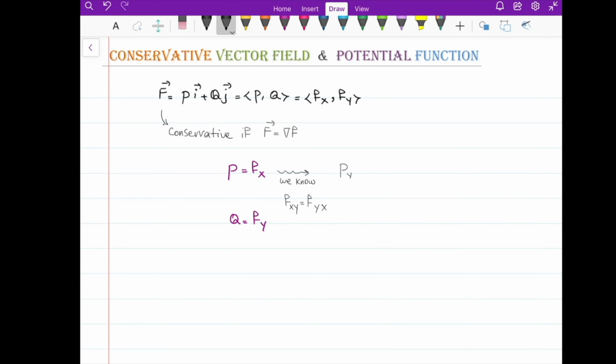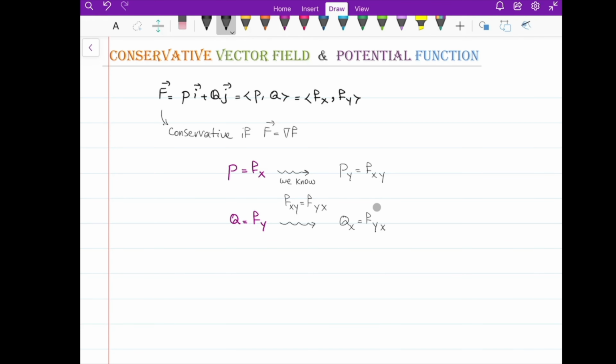So Py is equal to fxy. How about the second equation, Q is equal to fy, I'm going to take the derivative of that with respect to x. So I get Q with respect to x is equal to fyx.